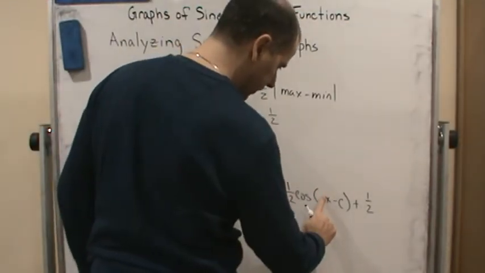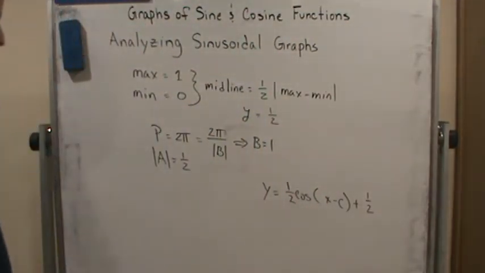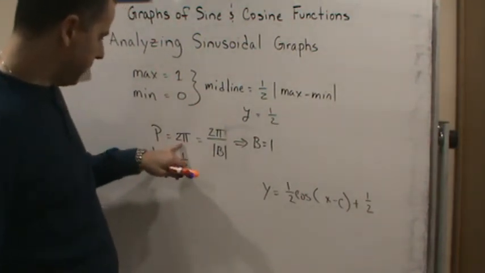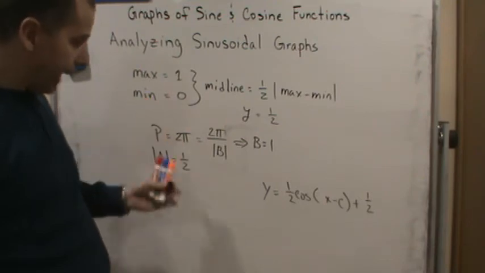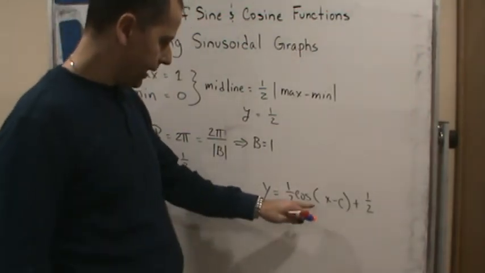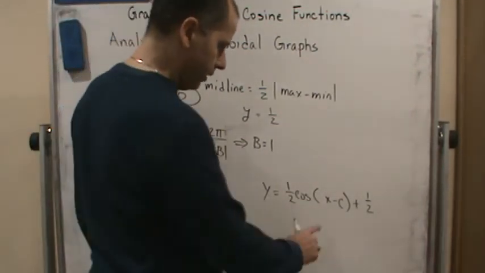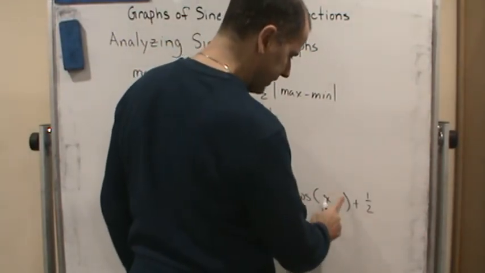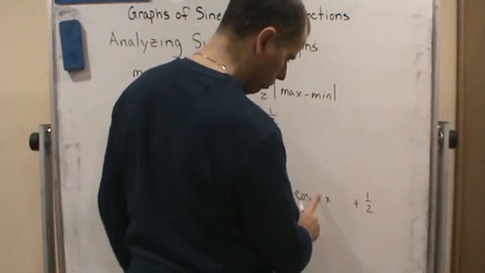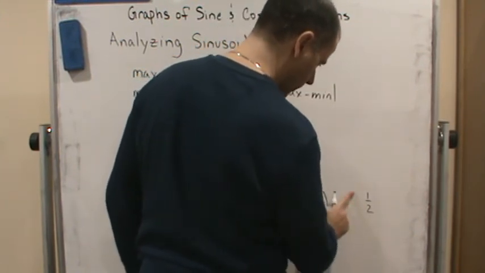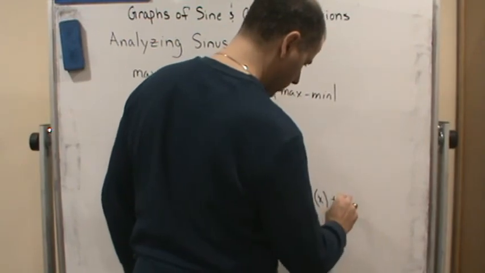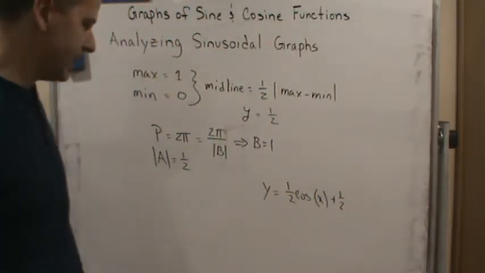And since it's going through an extreme value at 0, that's going to tell me that C is 0. So then this becomes just x plus a half.